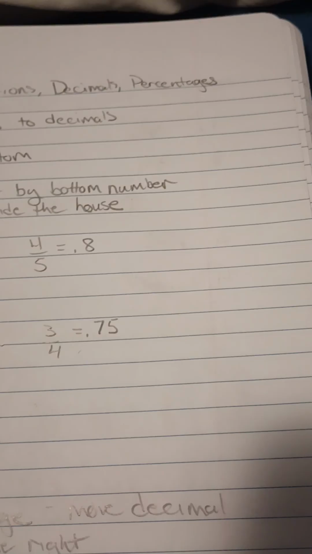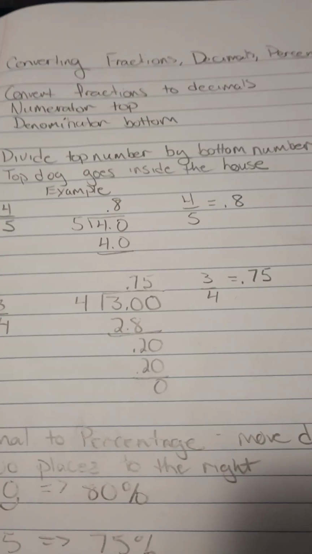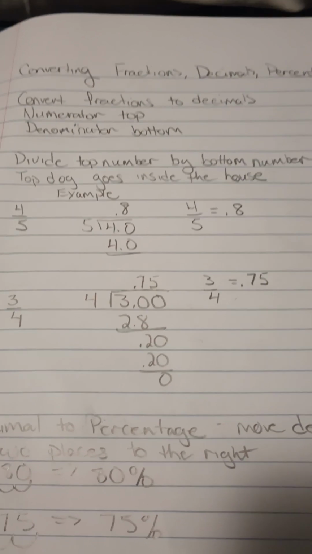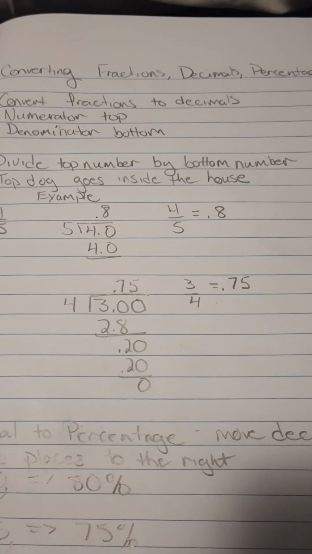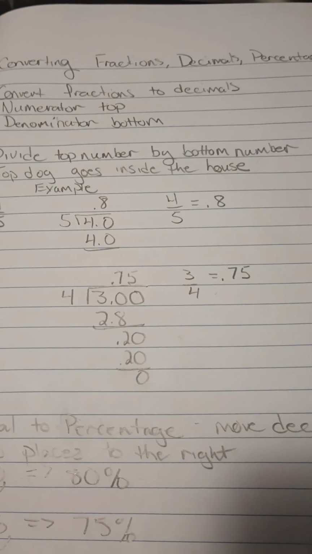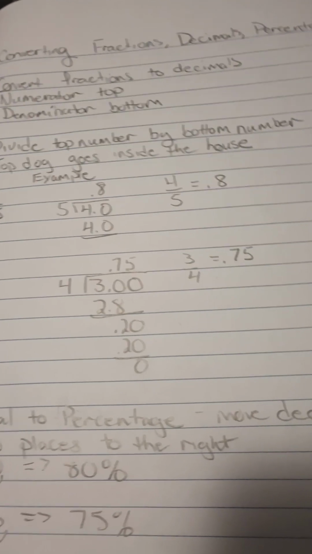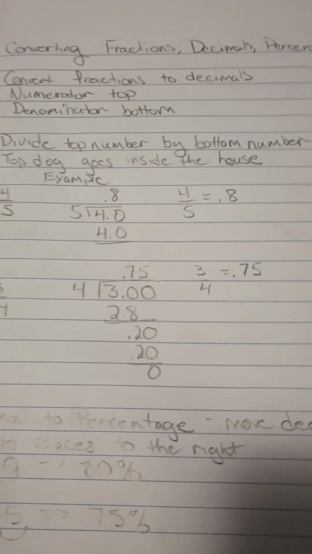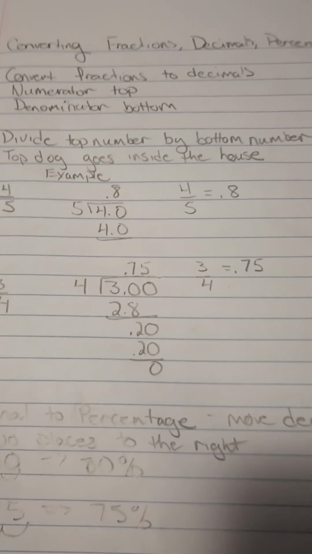Now, what about converting a fraction to a decimal? So here, all that I have to do is divide. Now, we remember that our numerator is our top number and our denominator is our bottom number. So a way to think about that is to think, well, the top dog goes inside the house.